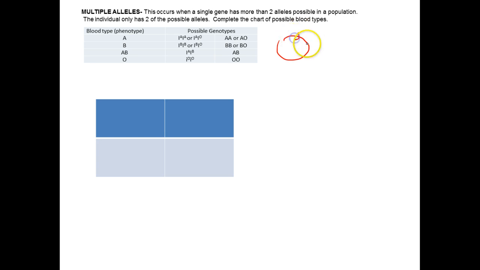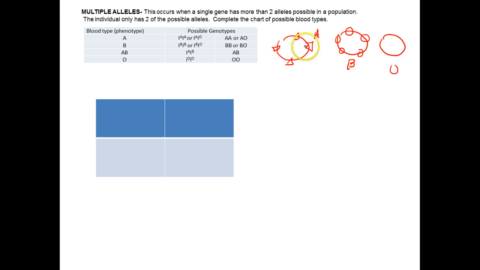Say A blood would have particular carbohydrates. If you're blood type A, you're going to form an antibody against B. Let's say blood type B has carbohydrate groups of such structure, and blood type B will form antibodies against A. So that's why if you're blood type A, you can only get blood type A. If you're blood type B, you can only get blood type B. Blood type O has no carbohydrate groups, so O can donate to both B and A.